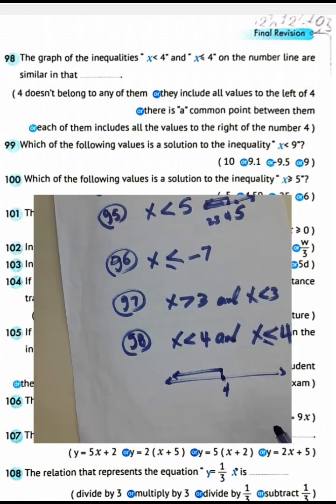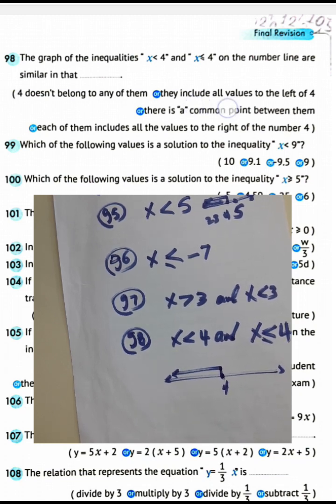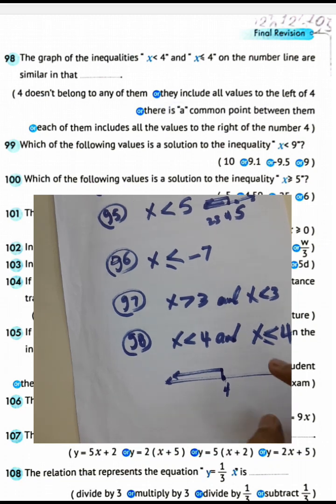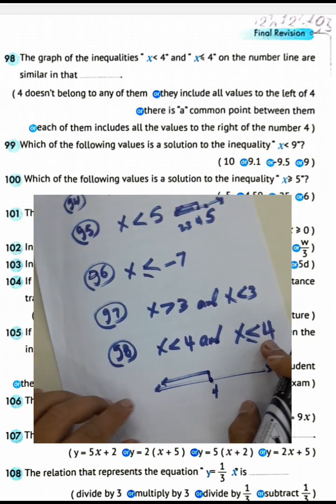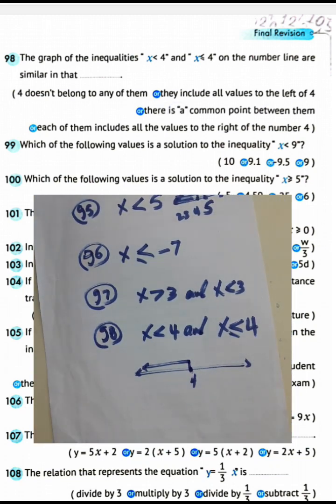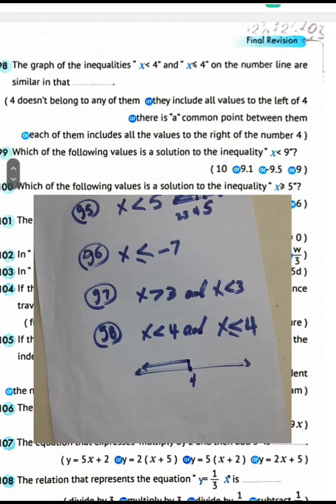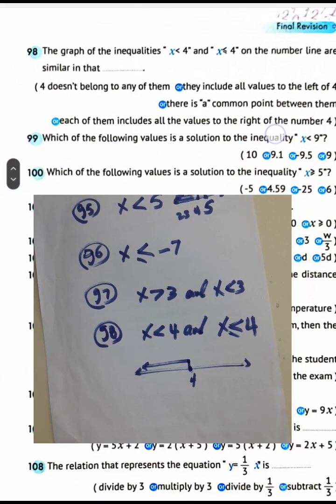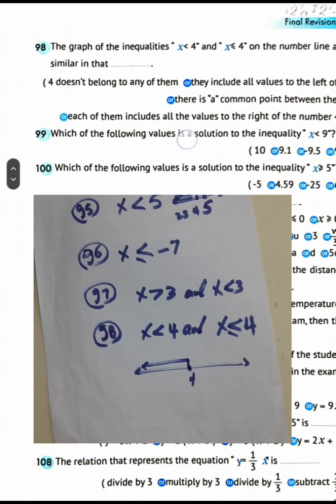So 4 is in the solution. They include all the values left of 4. We have a common point between them. Okay, 4 is a common point between the two inequalities here. Okay, choose this. Question 99.